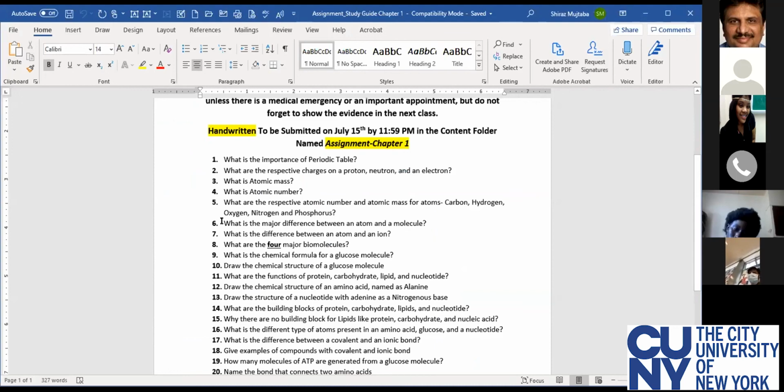Now, the 6th is, what is the major difference between an atom and a molecule? So let's say an atom.